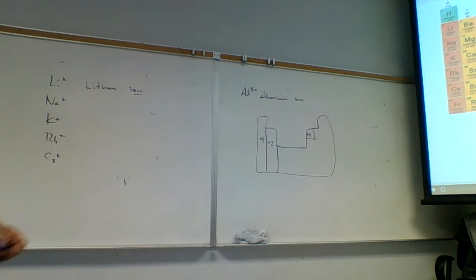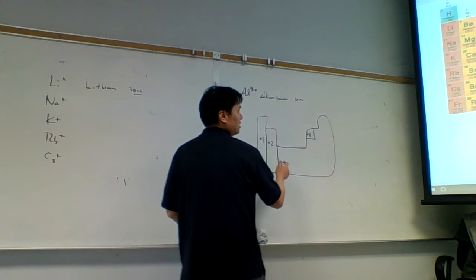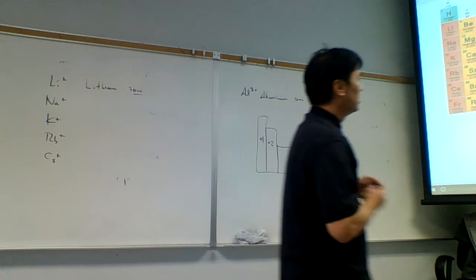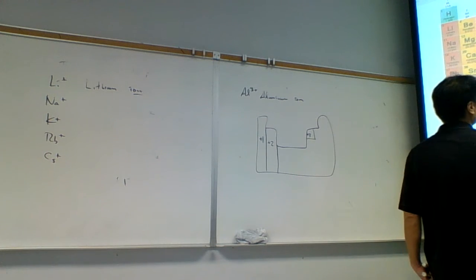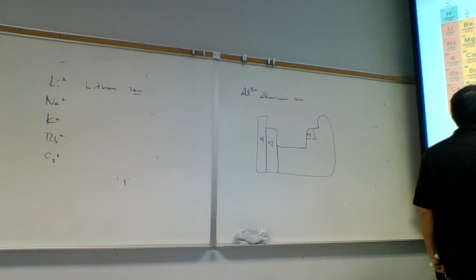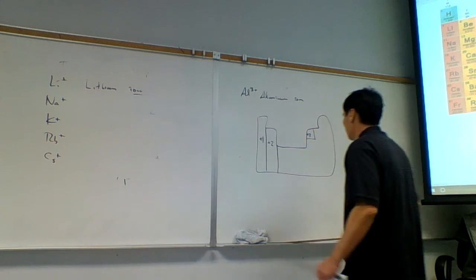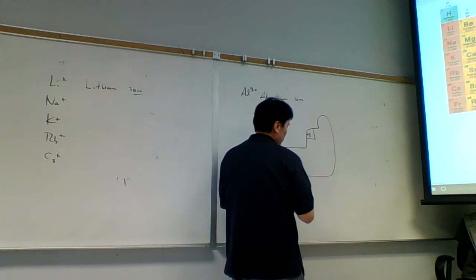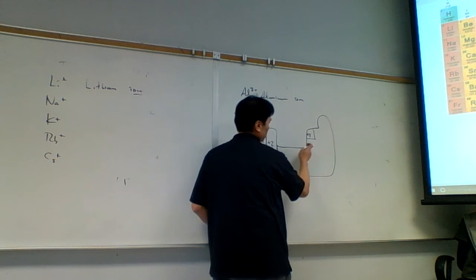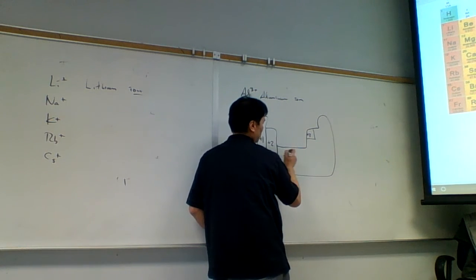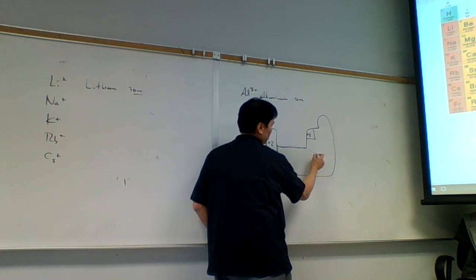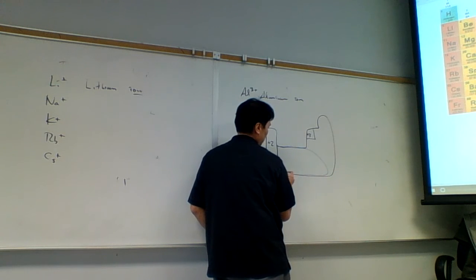This block in the center is called the transition metal block, or transition metals. And then the bottom part of the main group would be these two big blocks here. And so part of the main group is cut in here.